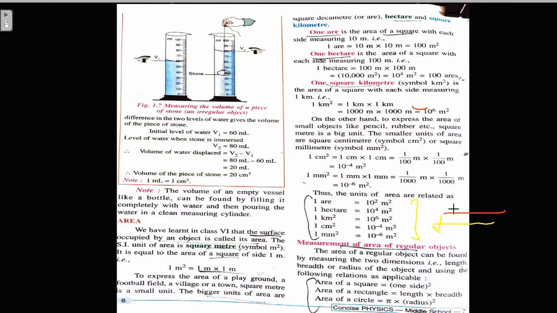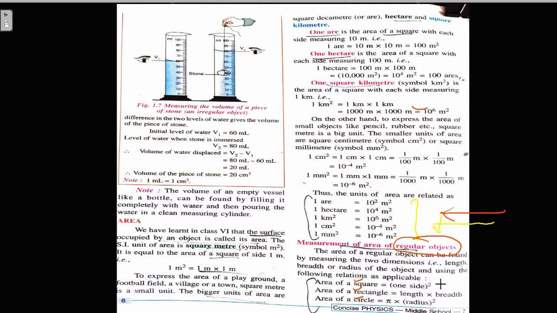Now we are going to start measurement of area of regular objects. So which are regular objects? Like square, rectangle, circle, cylinder, sphere, etc. These are all regular objects. So we will see how to measure their area.